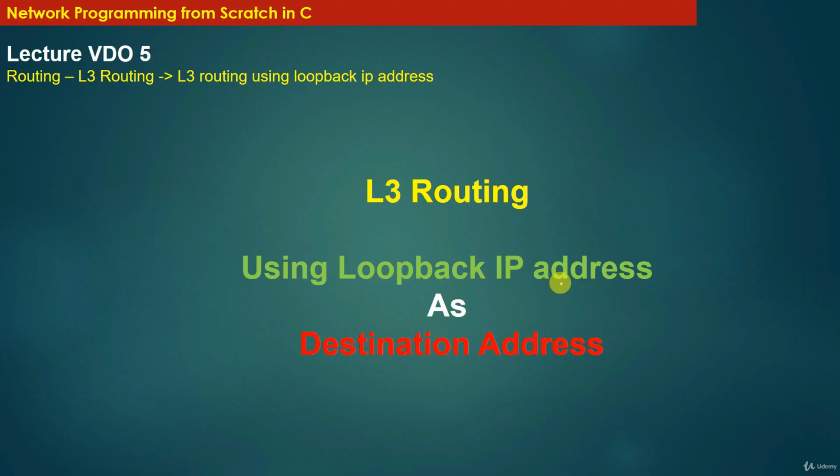Till now we have seen examples of L3 routing where the destination IP address in the packet actually belongs to one of the local interfaces of a destination machine. So how does routing happen when the destination IP address in the packet is the loopback IP address of the destination machine? Is there any difference? Let us see how routing happens in this case.